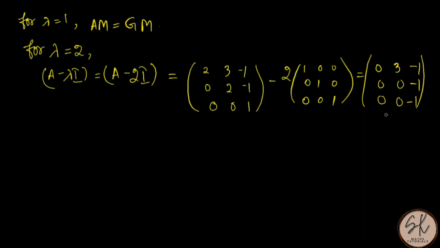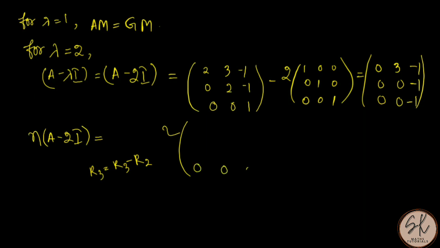Now we will find its nullity. The nullity of A minus 2I is how much? We will see whether it can be reduced further. R3 equals R3 minus R2. On doing this, we will get this row as 0.